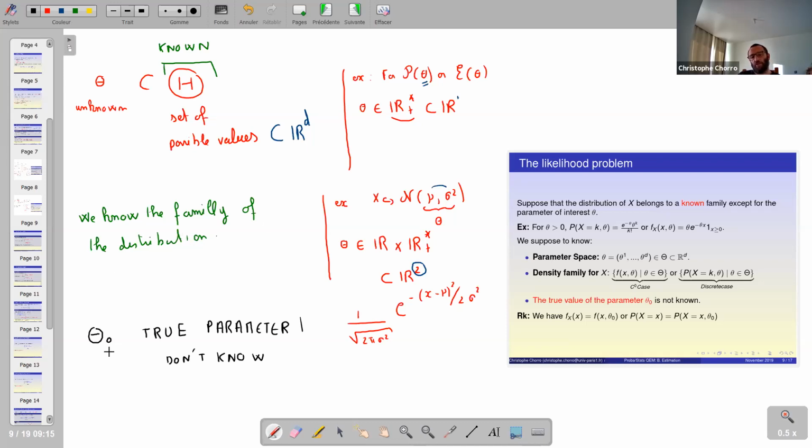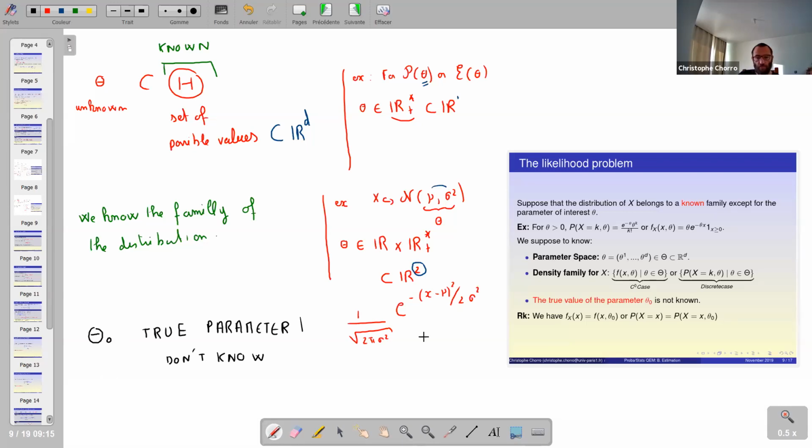I just give a name to the true parameter, theta 0, implying that X has a distribution depending on this theta 0, the true value that I don't know explicitly and that I want to approximate.